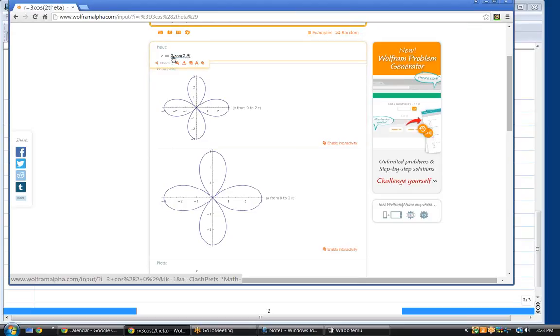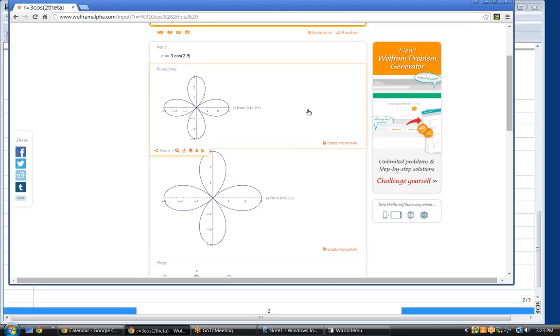So our first point is at (3, 0). That's that point right there. That's where it starts from. And then as you count up from 0 to 2 pi, this thing's going to go there, and then there, and then there, and like that, ending up right back there at 2 pi.